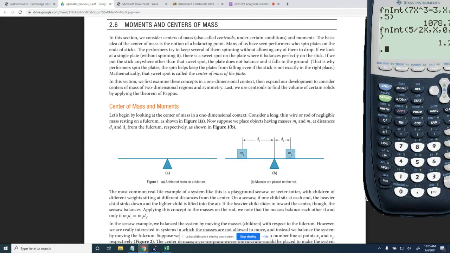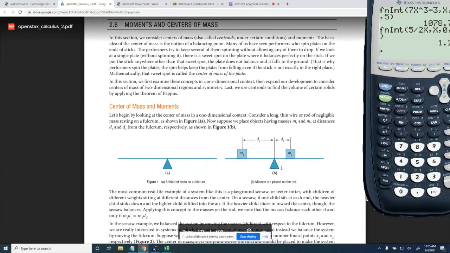We have an object of mass 2, and it also has a distance from the fulcrum. We don't know what these distances are, and we don't know what the masses are. But if we were to place these things on a rod or on a teeter-totter, in order for them to balance, we could balance them by moving our weights on either side of our fulcrum.